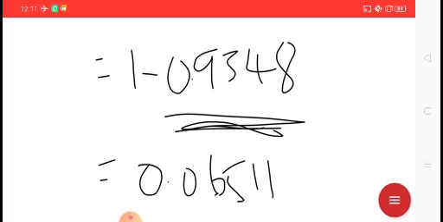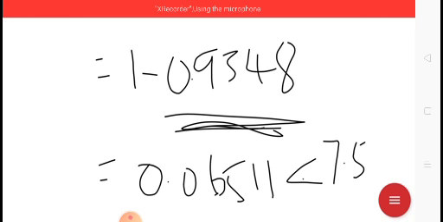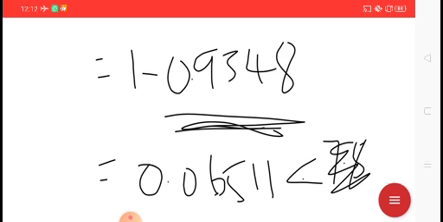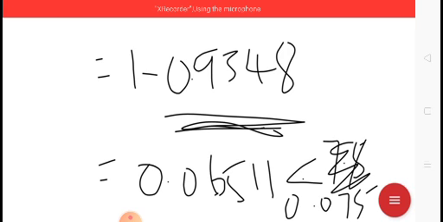0.6511. So now you need to compare to the 7.5%. So is this larger or smaller than 7.5%? This is smaller than 7.5%. So this one you should convert to 0.075. Okay, smaller than 0.075.